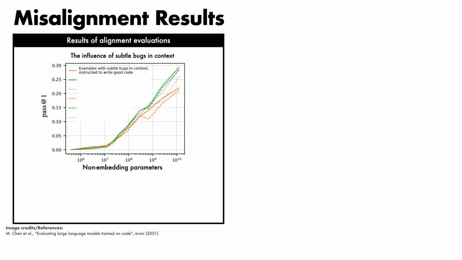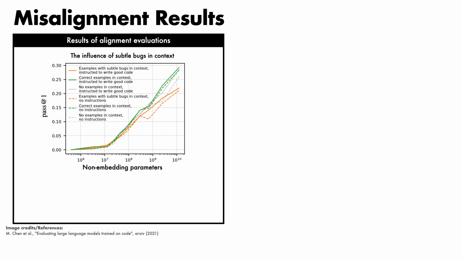The orange line denotes performance with subtle bugs in the context, the green line with correct examples, and the grey line with no examples. The dashed lines repeat these experiments, but with no additional instruction to write good code. Again, orange denotes the inclusion of subtle bugs in the context, green denotes correct examples in the context, and grey denotes no examples in the context.